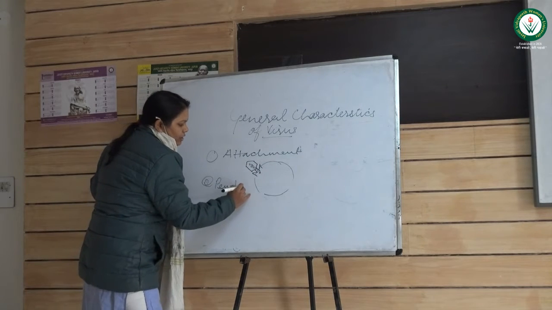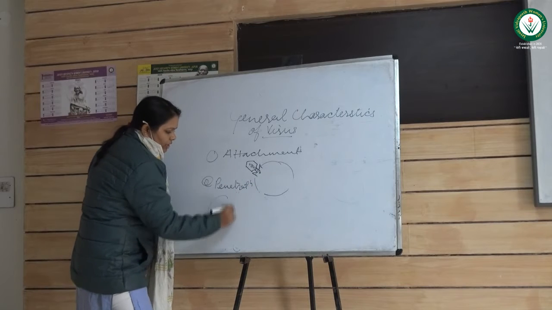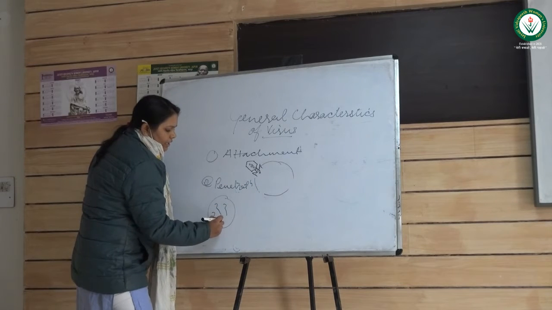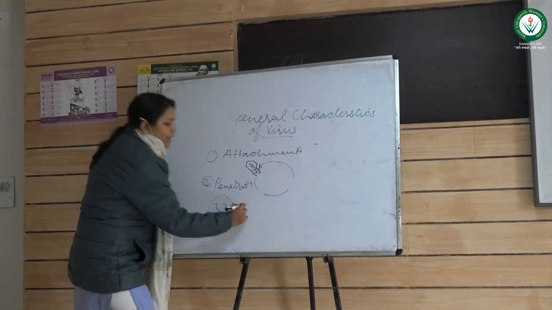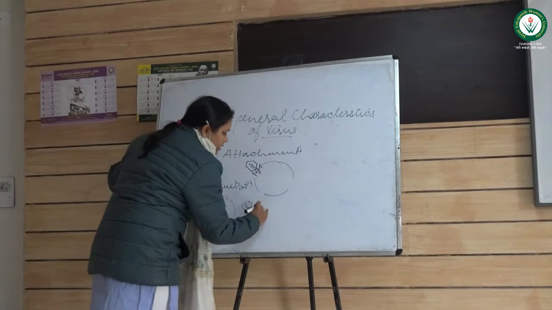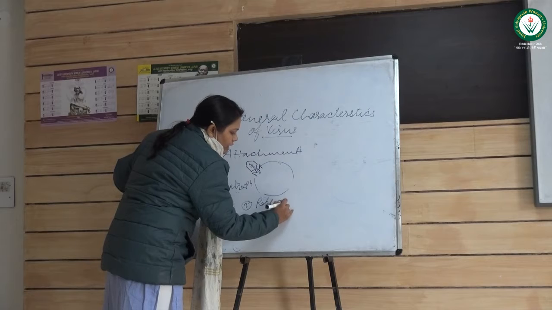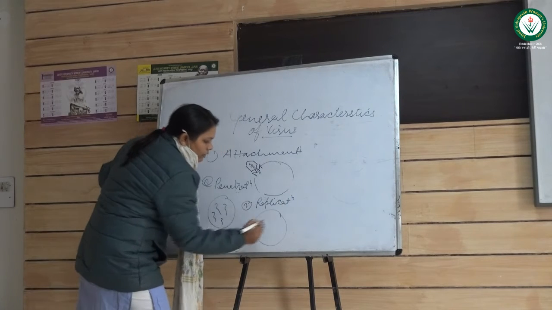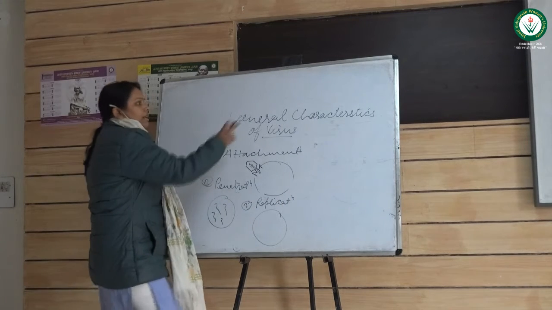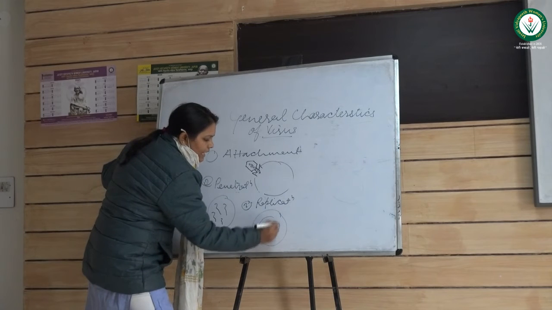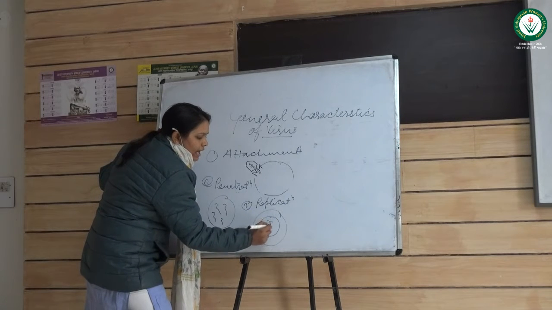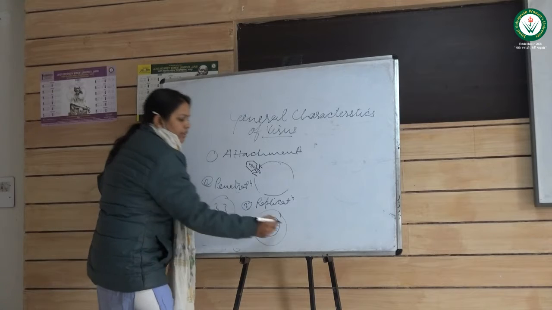Second is penetration, where this genetic material goes inside the host cell, and third is replication, where the DNA of the virus gets attached with the host DNA and replicates.